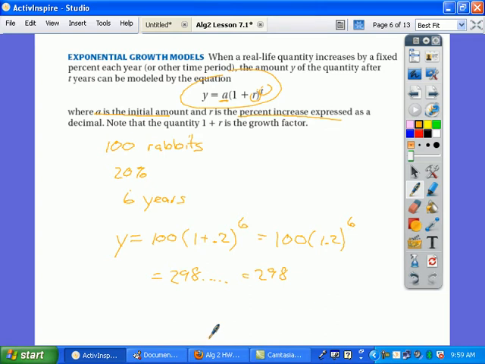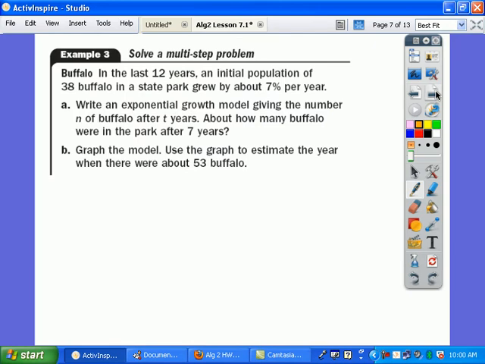So here we go. This is an actual problem, and we'll go a little bit more in depth here. Buffalo. In the last 12 years, which this part isn't really relevant, an initial population of 38 buffalo, so that's our starting amount, grew by a rate of 7% per year. Write an exponential growth model given the number n of buffalo after t years.